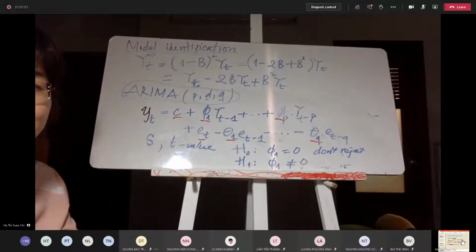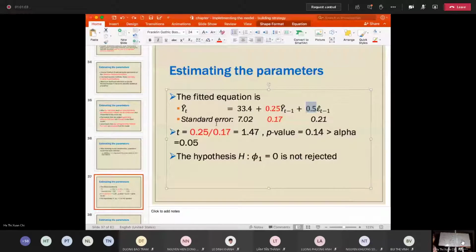And the standard errors corresponding with each of them I find are 7.02, 0.7, and 0.21.